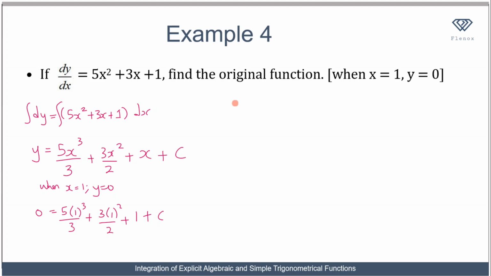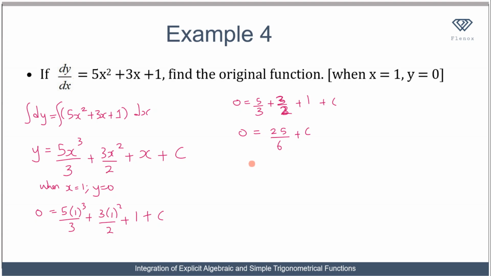This becomes 0 is equal to 5 over 3 plus 3 over 2 plus 1 plus c. When you sum these together, you get 25 over 6 plus c. Sorry, mistake over here, this is 3 over 2.